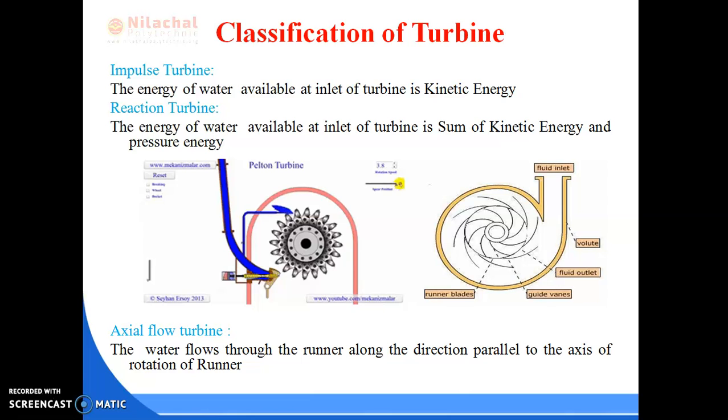So according to the energy available at the inlet, if it is kinetic energy, then that is your impulse turbine. And if the energy available is kinetic energy and pressure energy, then that is known as your reaction turbine. In the next class, we will go through the classification of the turbine in detail.